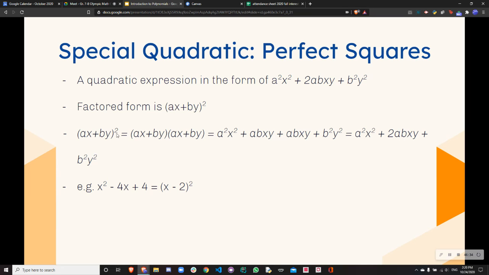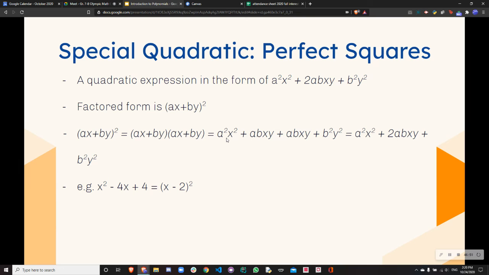And if we expand that, we want to double check this works. We have ax plus by, squared. First thing, we can write the exact same term of ax plus by side by side, and that way we can look at the multiplication.